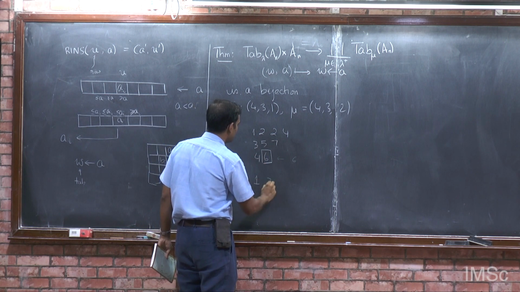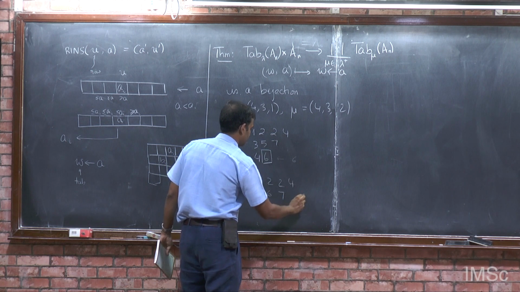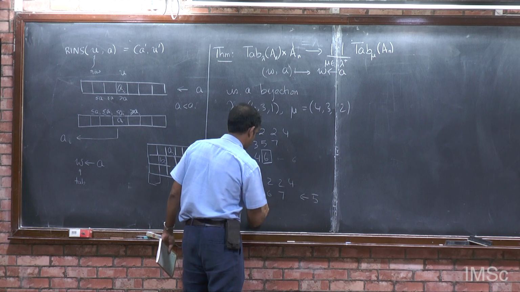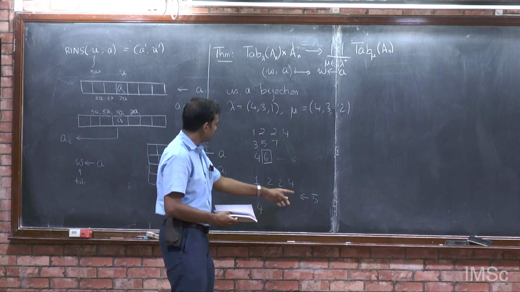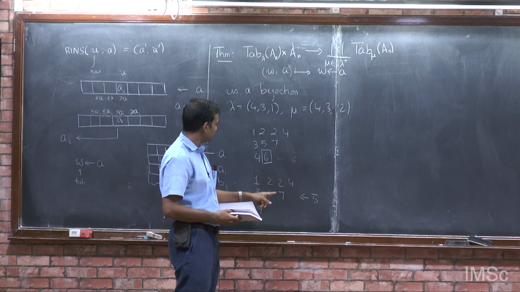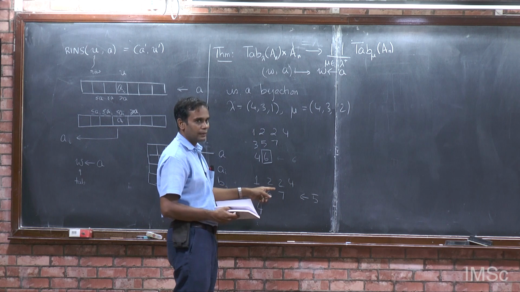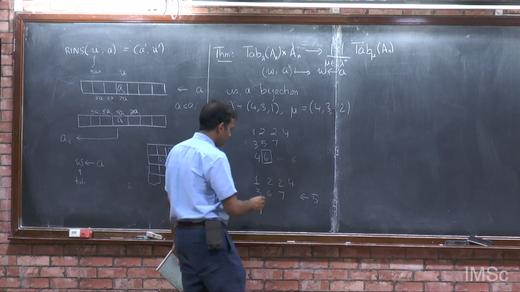So, at the previous stage I must have had this. Right. So, this 5 must have been bumped out from somewhere here. So, I must look at the rightmost position where I have an element less than 5, and that would be the 4.